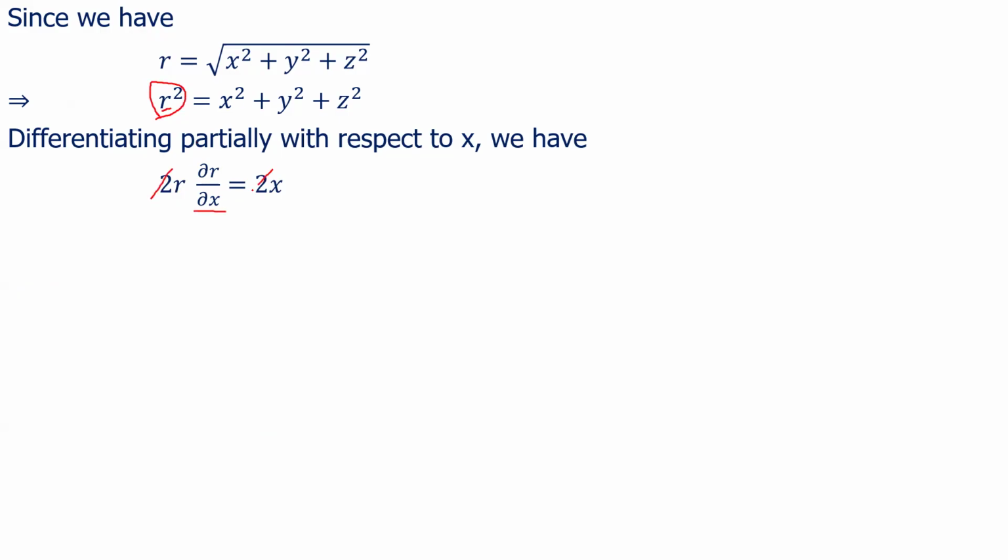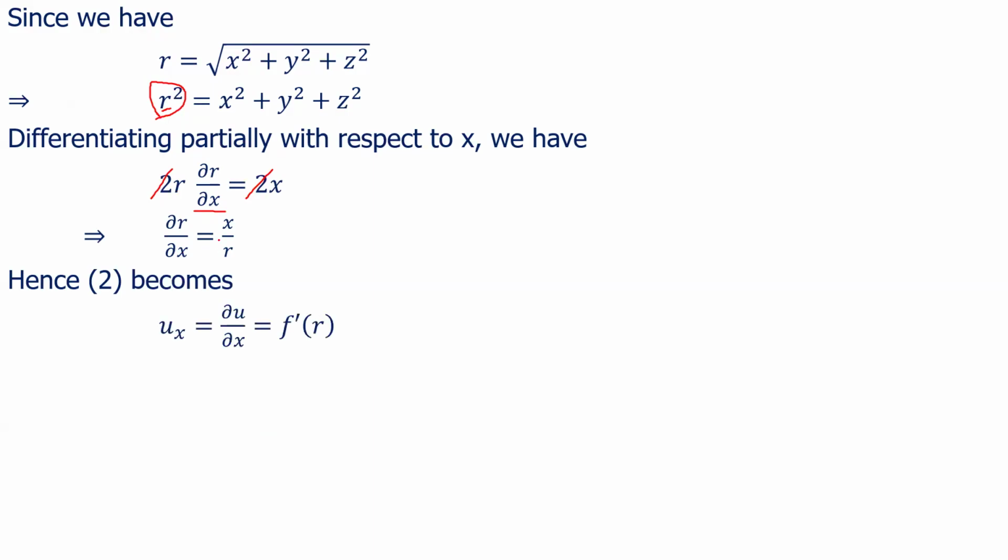So this 2 and 2 will cancel. The value of del r del x is equal to x by r. Now we substitute the value of del r del x in equation number 2. So ux is equal to del u del x, which is equal to f dash of r into x by r.